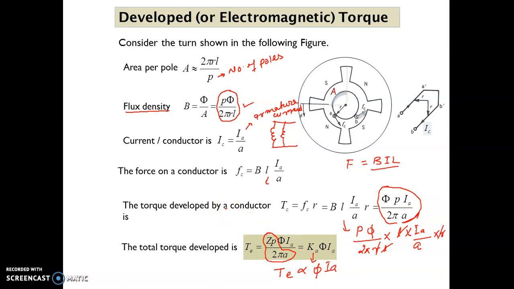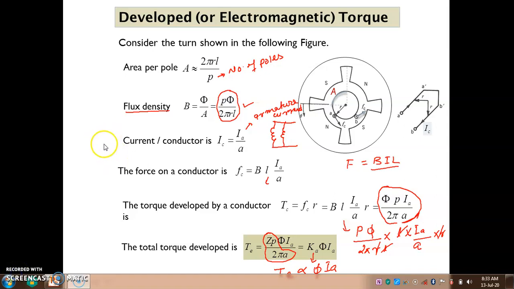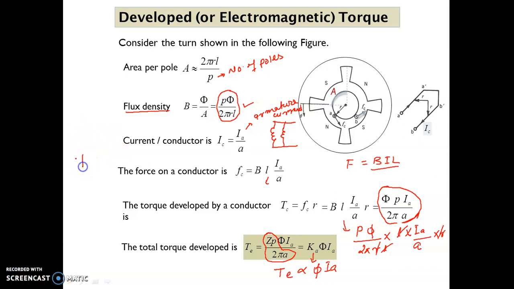So this total torque developed, TE, is proportional to phi into IA. This is one relation you have to keep in your mind.